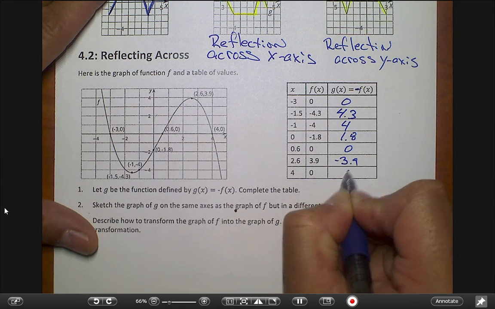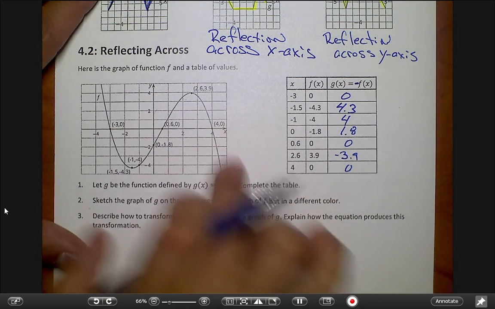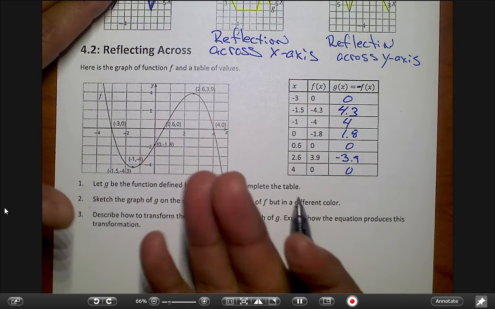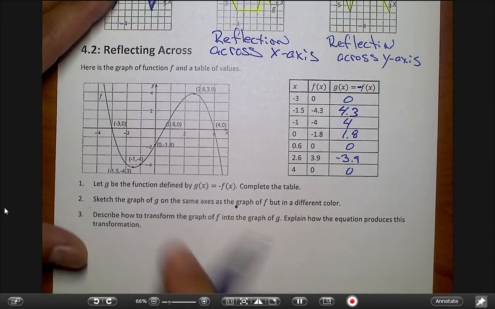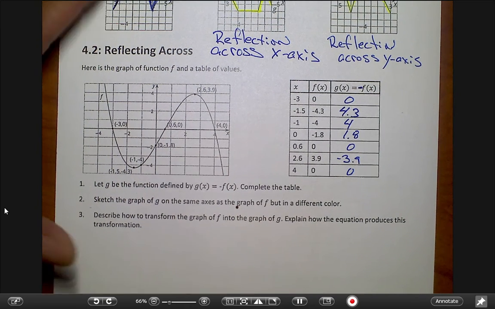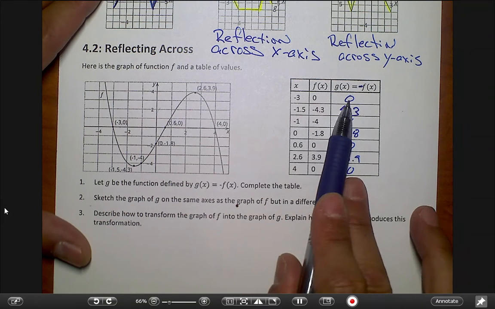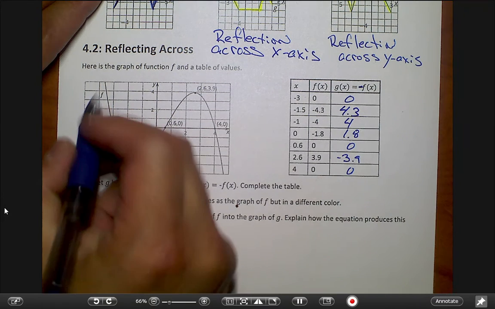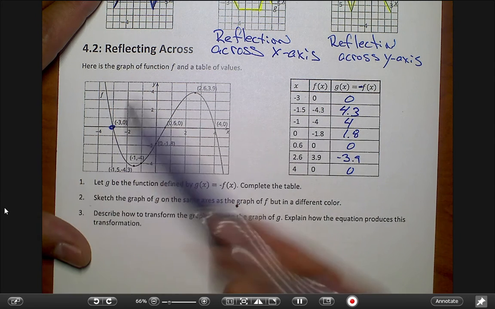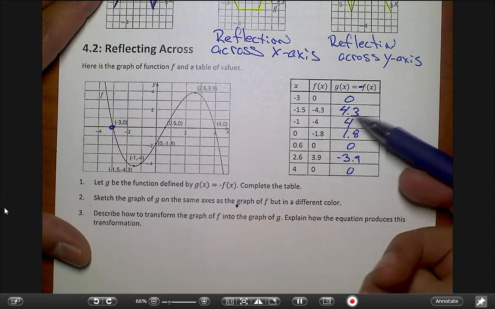Let's go through and use a different color if you have one handy. This one stays the same right here. This one is going to be positive 4.3.